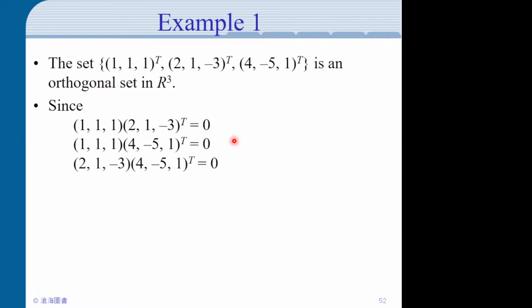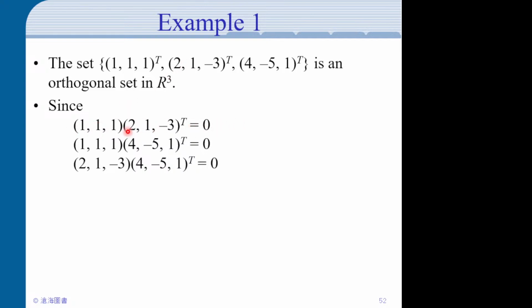Let's give an example. This is a very brute force thing to check now. You have 3 vectors, and you want to see if it's an orthogonal set. Then you need to check that every pair is orthogonal. To check orthogonality, it's a straightforward calculation. Because we are in R3, you check the inner product between those two, do the multiplication and addition, and see it's 0.